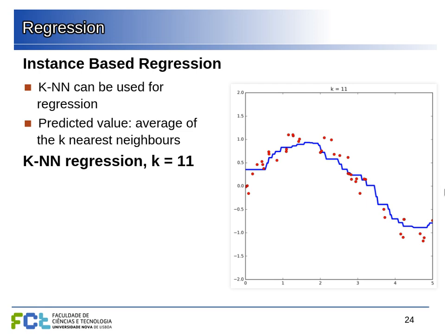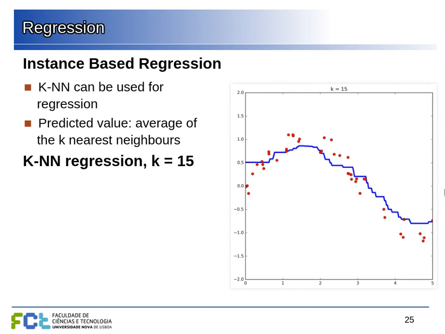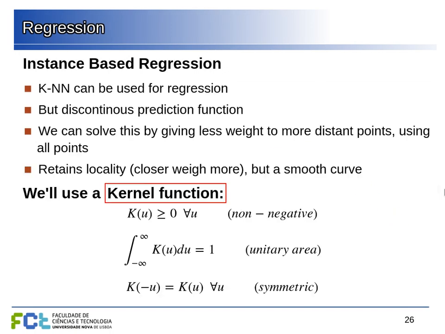And then one of the points changes, and we suddenly change the value abruptly. We can control how smooth it is, but it always has this discontinuity. Okay. So k equals 1, k equals 11, k equals 15. We can do this however we want.